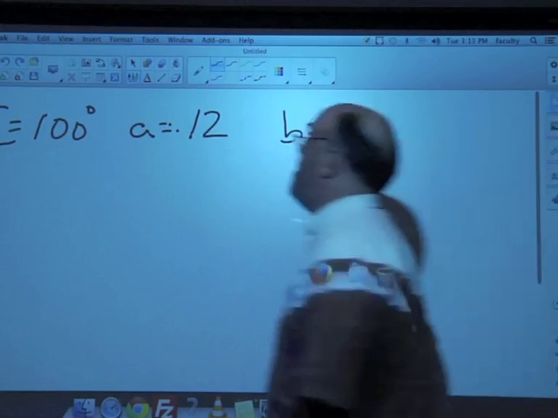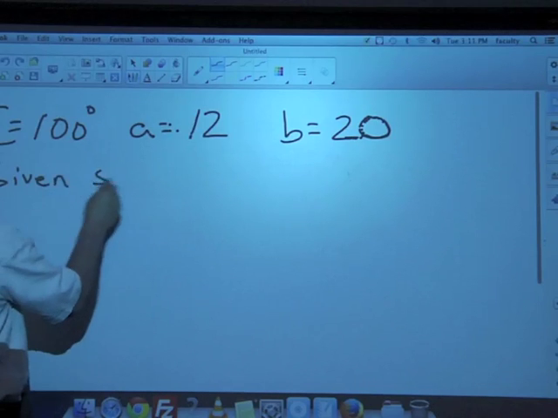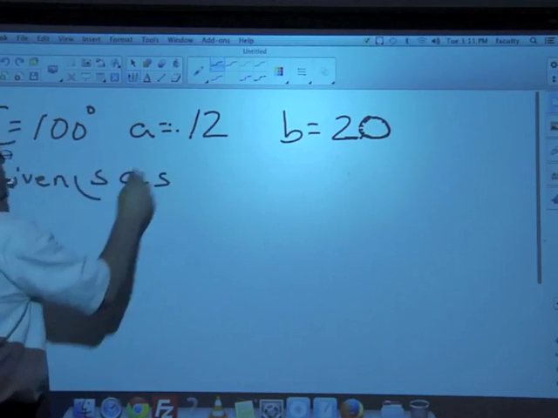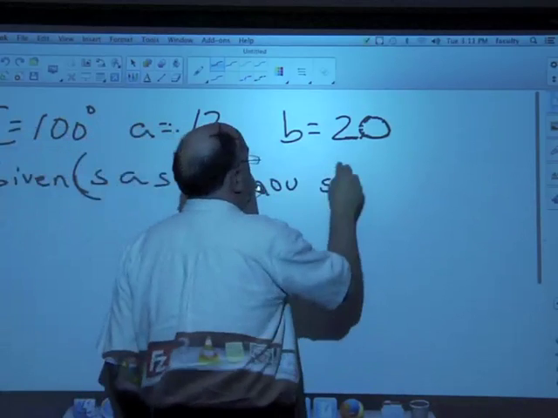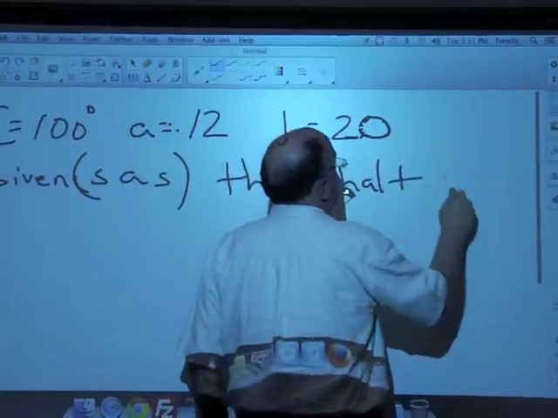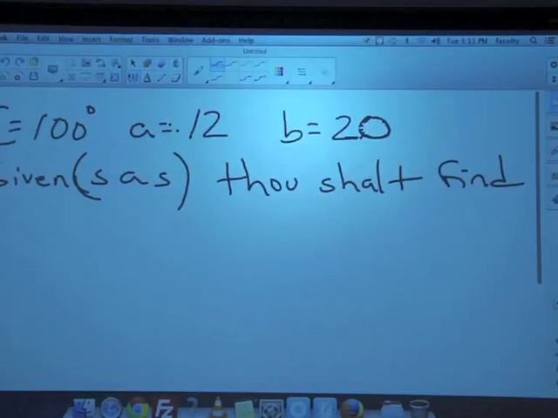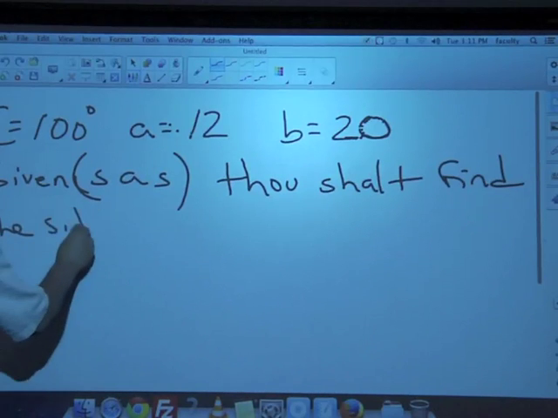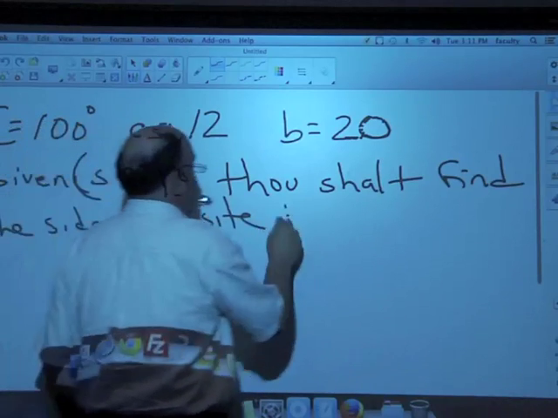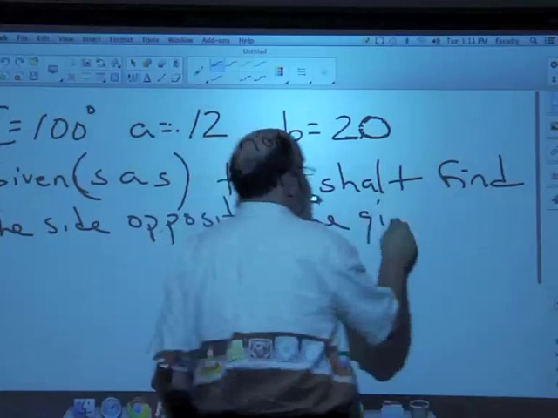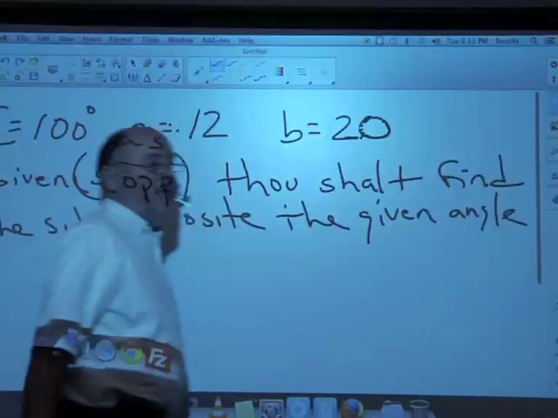So given side angle side, thou shalt find the side opposite the given angle first.